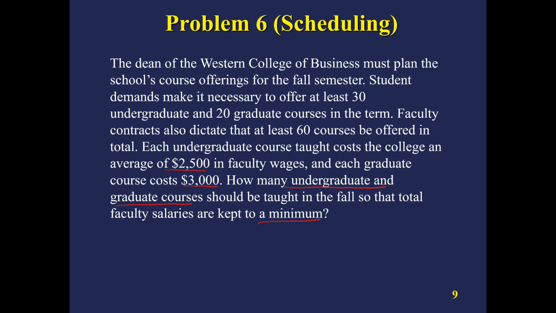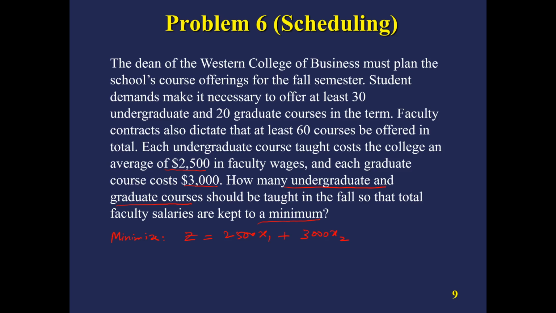We can say minimize z is equal to, let's say x1 is the number of undergraduate courses and x2 is the number of graduate courses. Then the objective function is 2,500 x1 plus 3,000 x2.